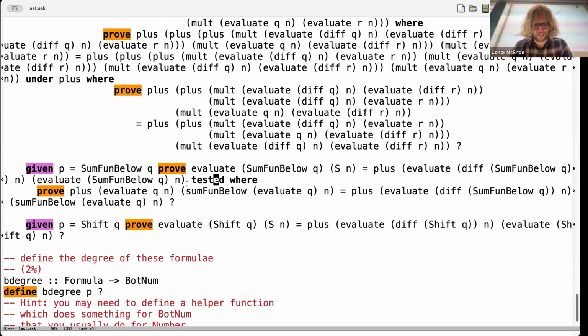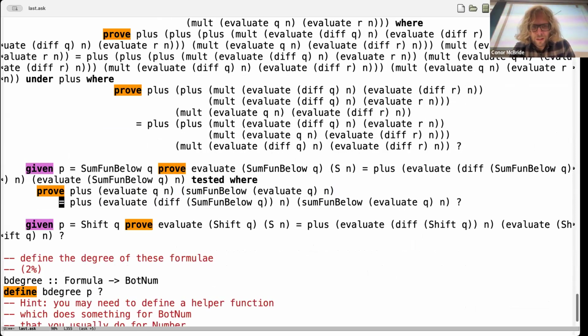Then I see that my left-hand side has turned into a plus of this and sum from below evaluate, and my right-hand side looks like this. So again, I have the same kind of term on the right.